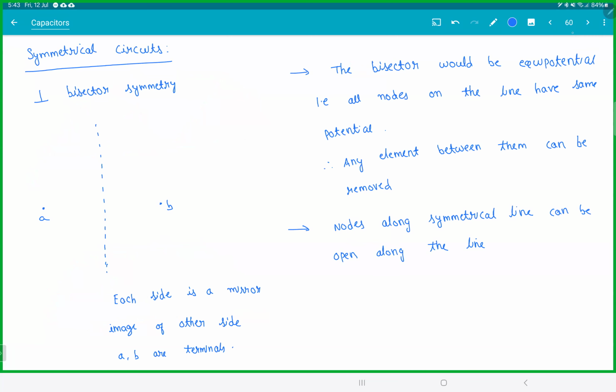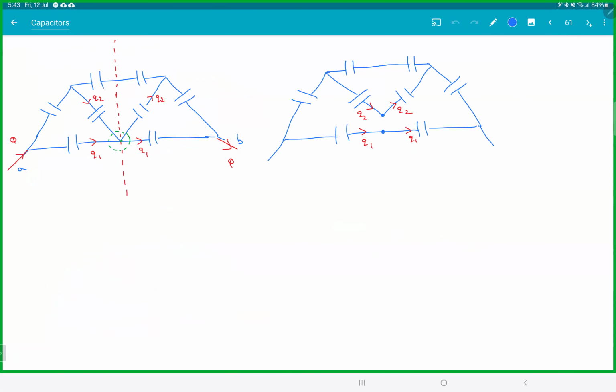Now, other than this, there is one more type of symmetry called axial symmetry. Let me give you an example. If I give you one more example, think of it like this.